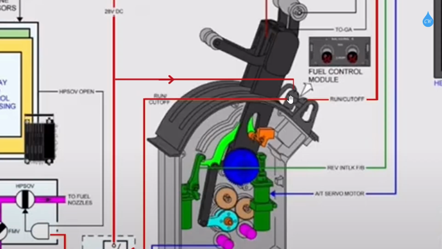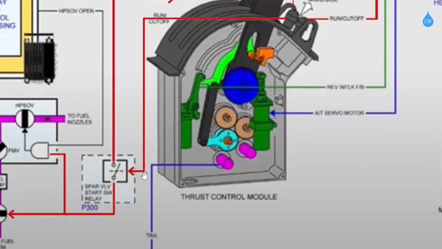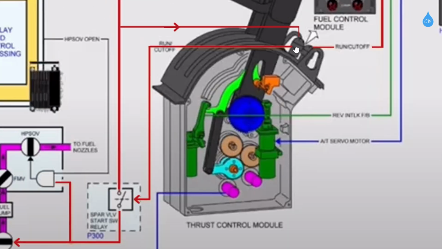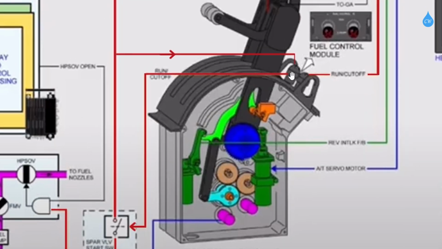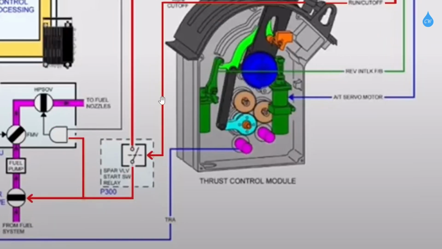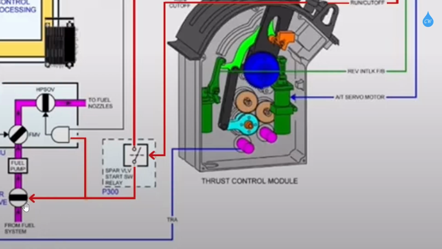That switch, when it's turned to the run position, lets voltage pass and goes through the coil that energizes, closes and opens that relay. So when that switch is put in the run position, it lets voltage pass, energizes that relay, and lets that spar fuel valve open to let fuel pass to the engine.